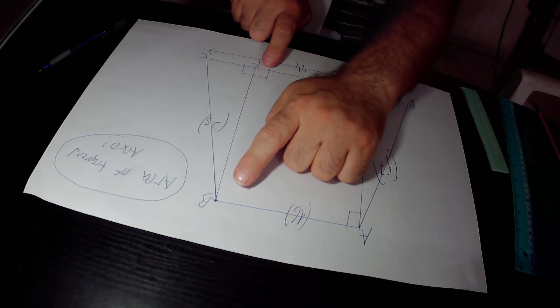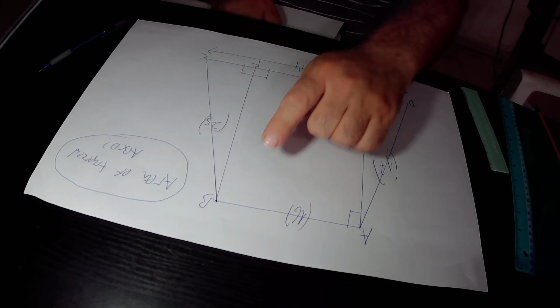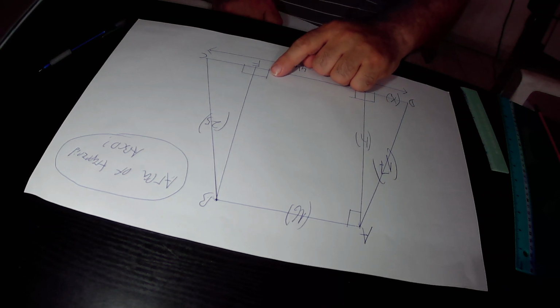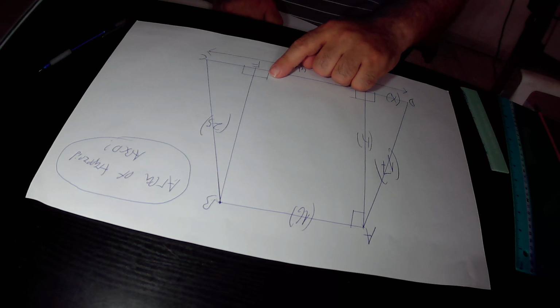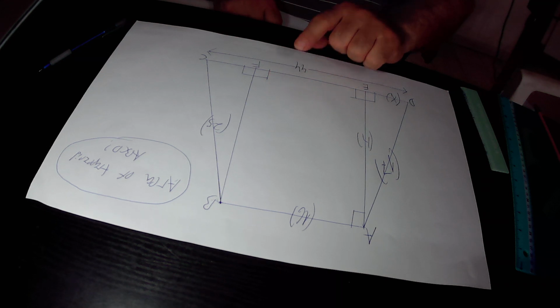That is to say, this is the missing angle ABF plus this right angle. In total, it must be equal to 180 degrees according to rule 16. So I write it down.